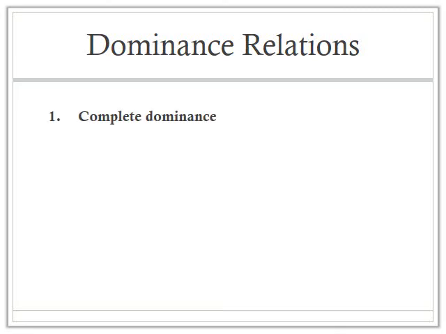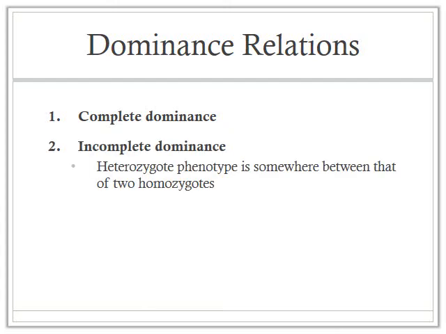So we have something called complete dominance, which is what we've been looking at before. We have a dominant and a recessive. One of those is completely dominant to the other, and that's what we've been doing so far. Well, we also have this case of incomplete dominance, where the heterozygote, the one that's big A, little a, will have a phenotype that is somewhere in between the two homozygotes.